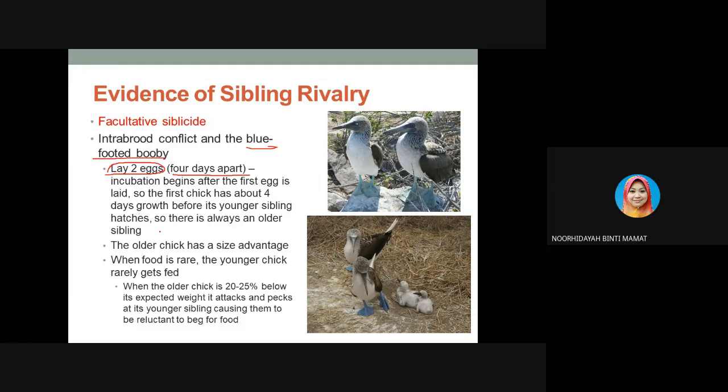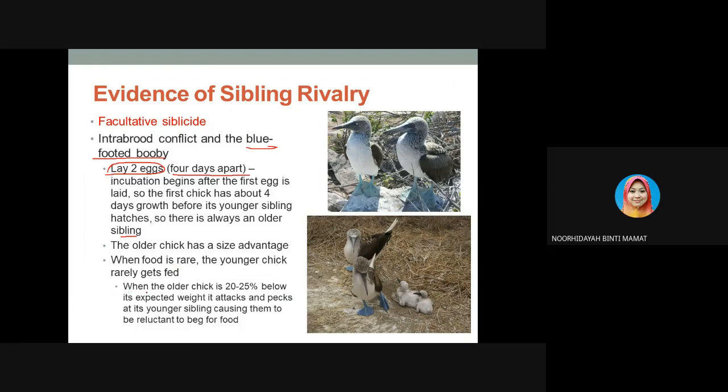So there is always an older sibling, even though they are in a single brood. The older chick has a size advantage because it hatches earlier than its sibling. When food is rare, the younger chick rarely gets fed.